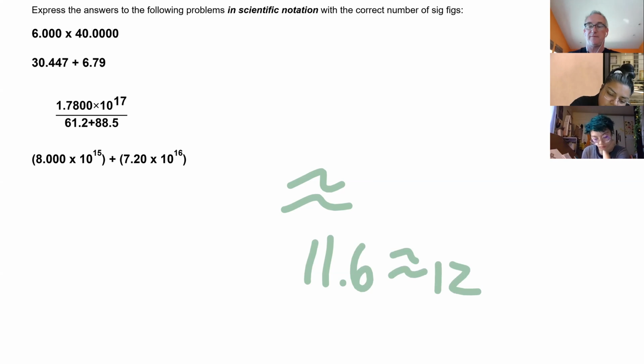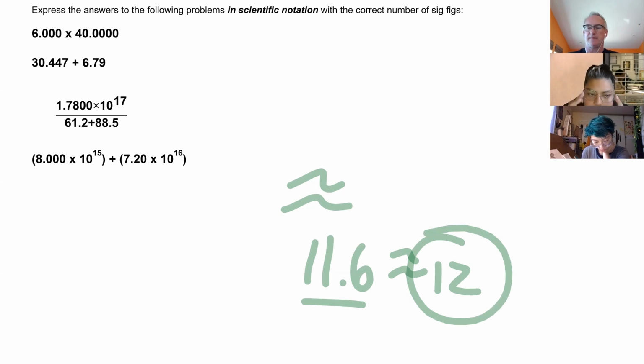If this was the answer to the last question, like how many things you could make with a certain amount of material, you could say 11.6 or approximately 12. That's when you would use the approximately.